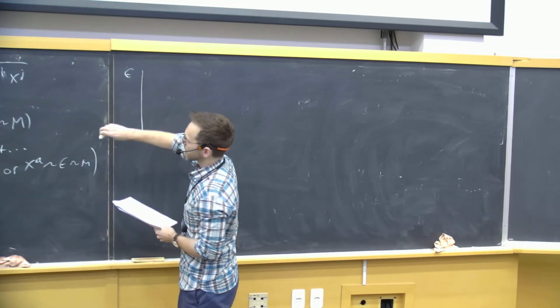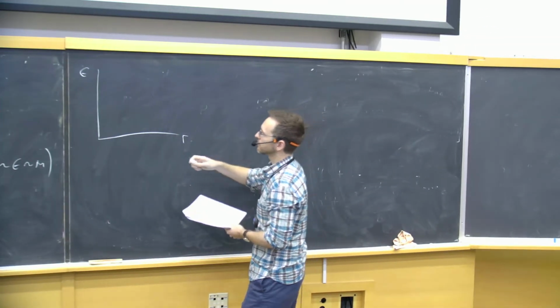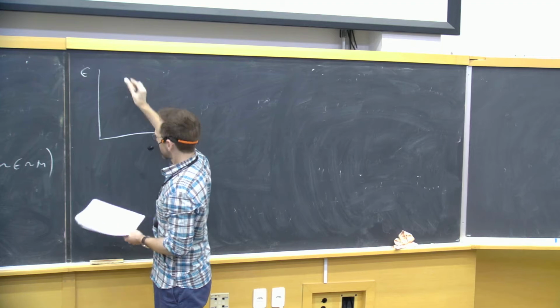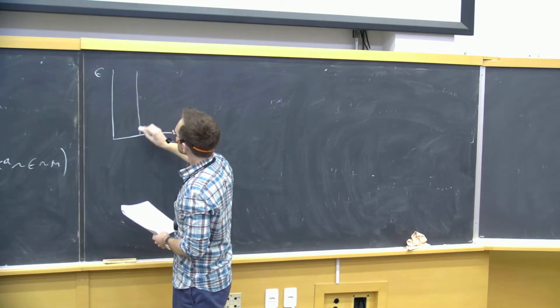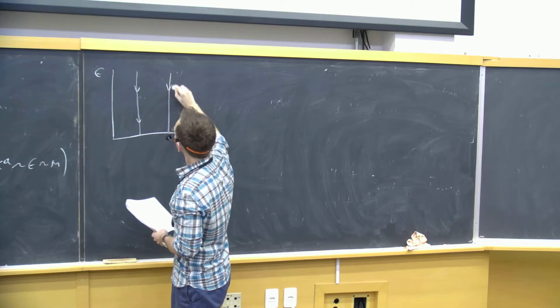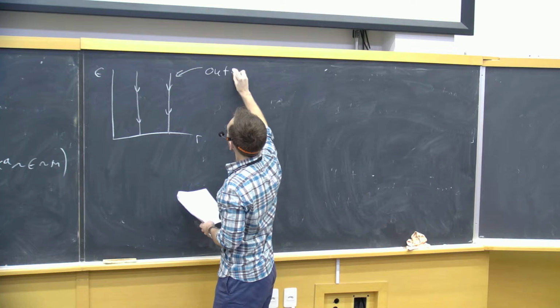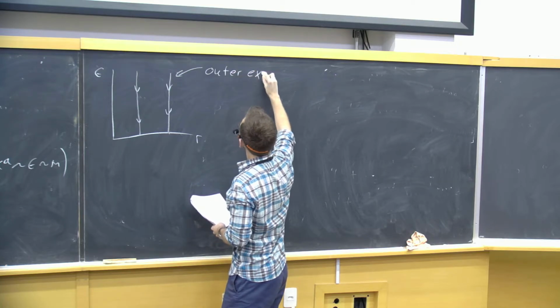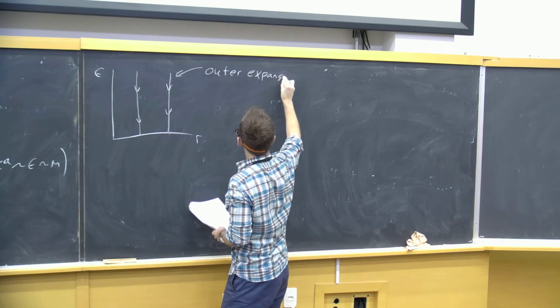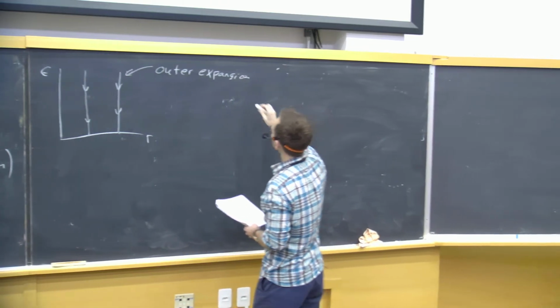So the outer expansion, I'm taking epsilon goes to 0 at fixed x, which means fixed r. So those are curves like this. So that's the outer expansion, where the outer expansion is an approximation as you take that limit down to the bottom of the plot.